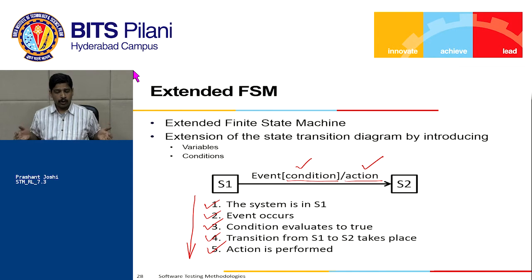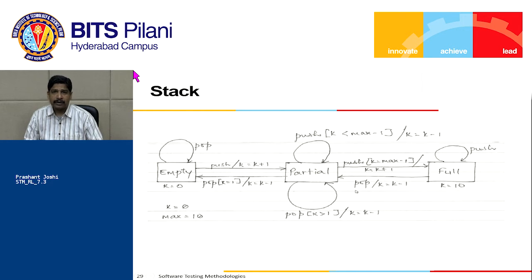Now imagine, would such a notation help our stack be represented a little better? Yes, it will. Take a close look at the entire representation and see how many problems you find, or if there is a problem that you find. What we have, max number of elements is 10.